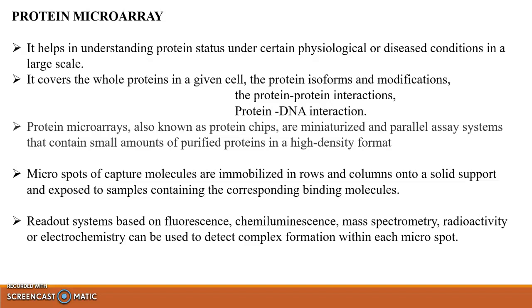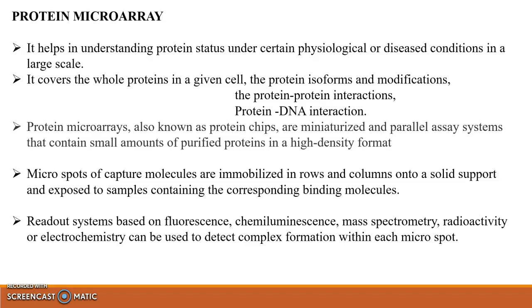Based upon the interaction between the different proteins, or between protein and DNA, there is an emission of fluorescence. These proteins are labeled with probes, and after the binding there is emission of fluorescence if it is a fluorescent compound or labeled with fluorescent tags.